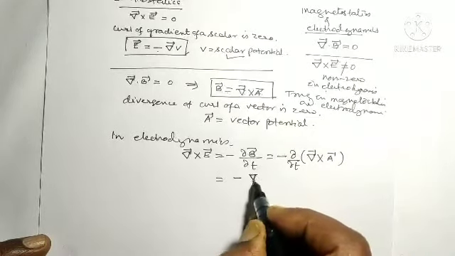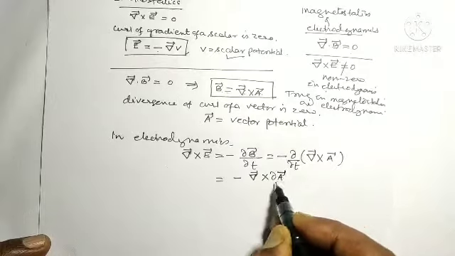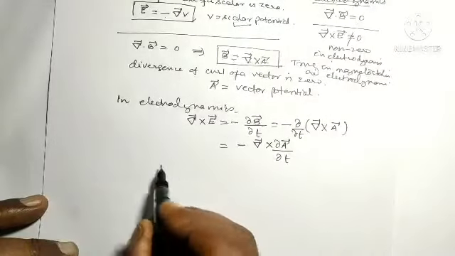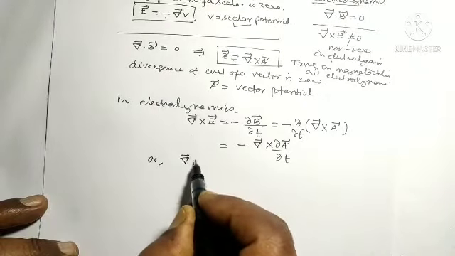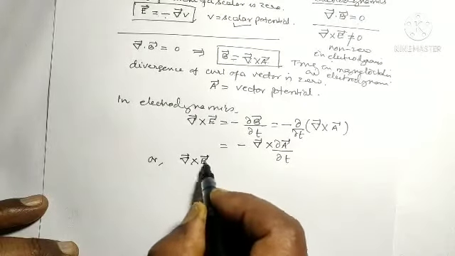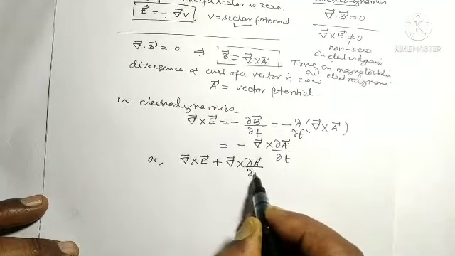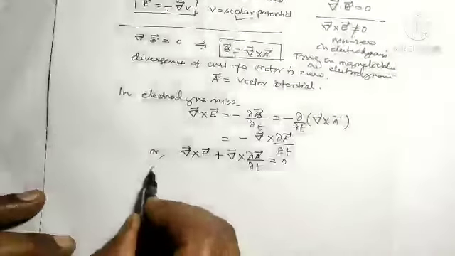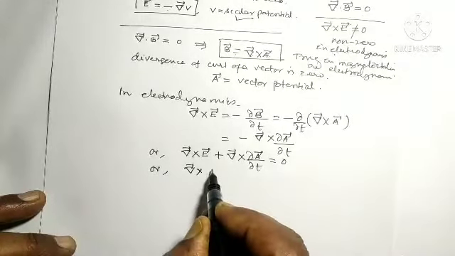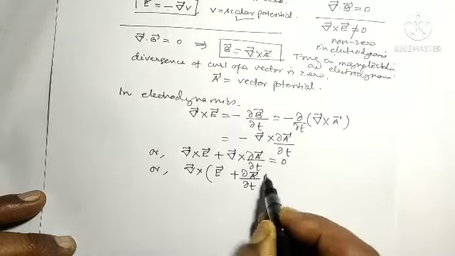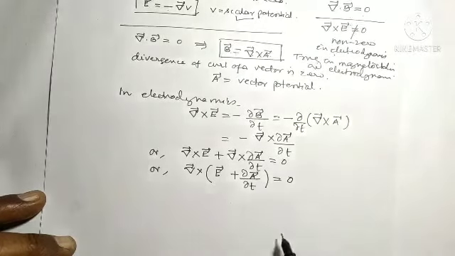So minus del cross del A by del t. Then transferring to the left hand side, we have del cross E plus del cross del A by del t equal to 0, or del cross (E plus del A by del t) is equal to 0.